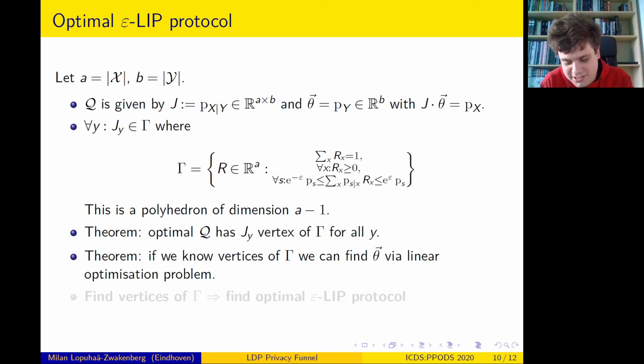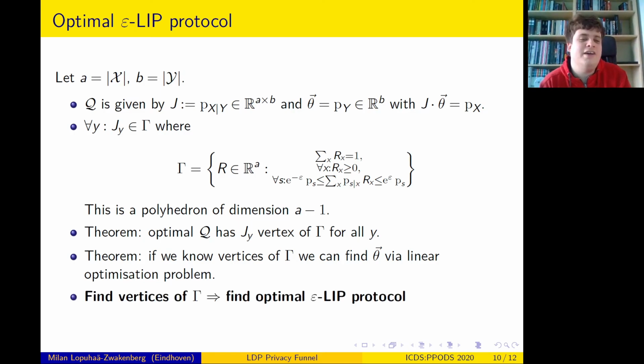Linear optimization is something that's relatively easy to solve. So then it comes down to the following, again something similar to what we have found with LDP: if we know the vertices of gamma, then we can find the optimal LIP protocol. So we can optimize both LDP and LIP, but there is some difference.